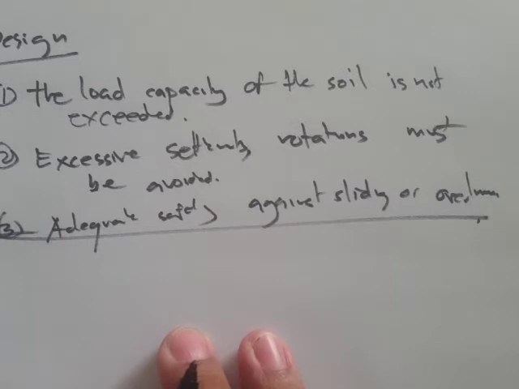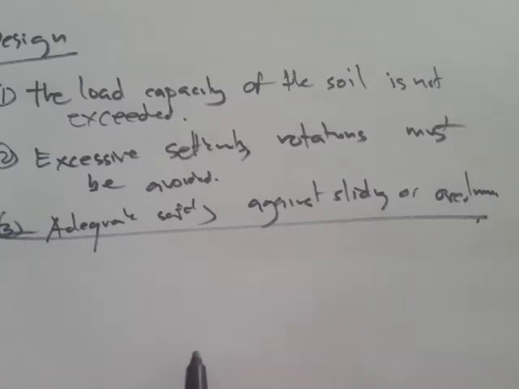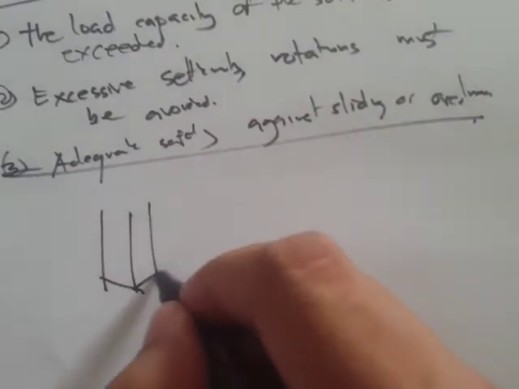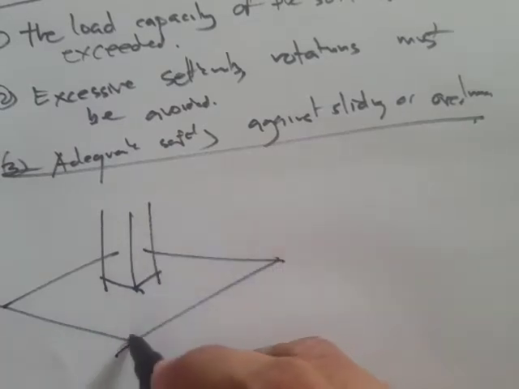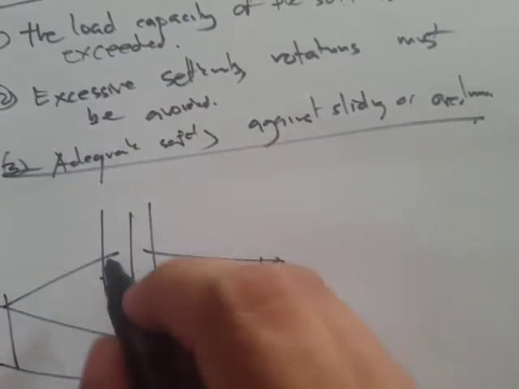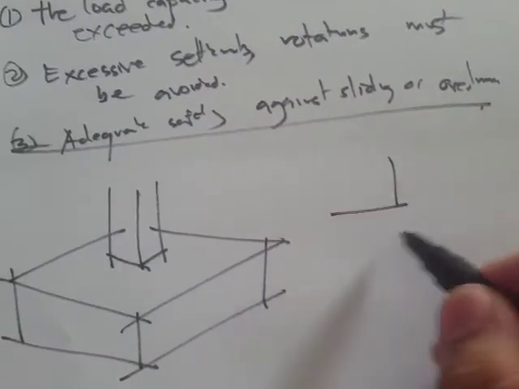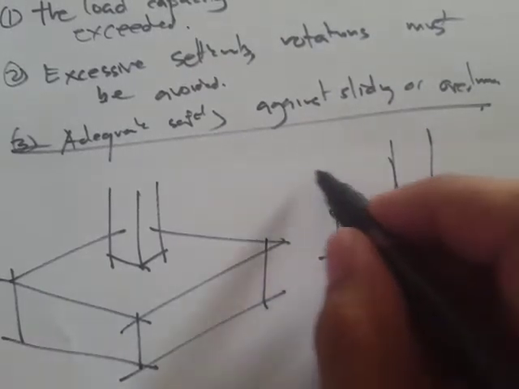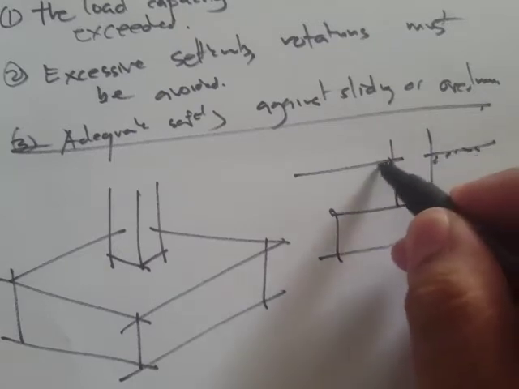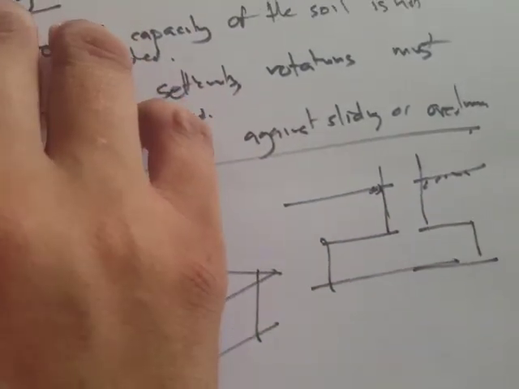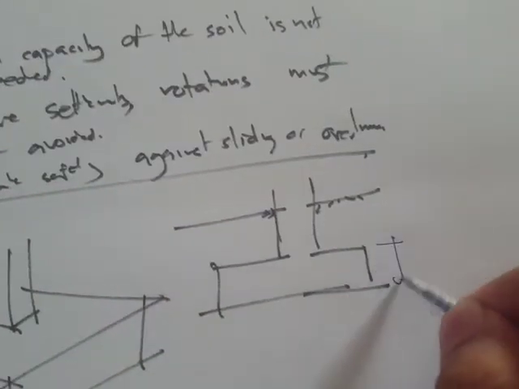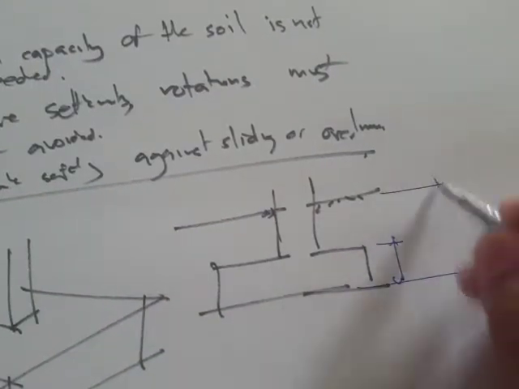Now, for the minimum requirements of foundations, the NSCP also outlines the minimum thickness. For example, this is our footing, and this will be our elevation view. The thickness of footing will be this one.